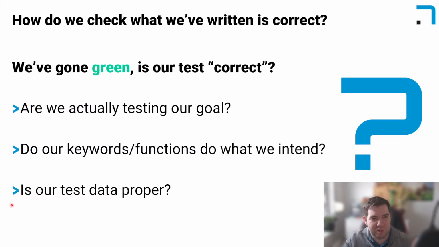Because one of these may be looking at our test data, making sure it's proper, making sure that's correct. Maybe that wasn't done, after we've gotten a green check, after we've gotten our pass. We're like, yep, we've tested, we've looked for our feature, any new keywords we added, yep, they're correct. We're good to go, let's push it straight away.